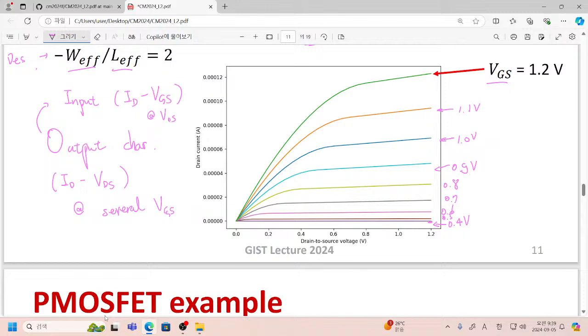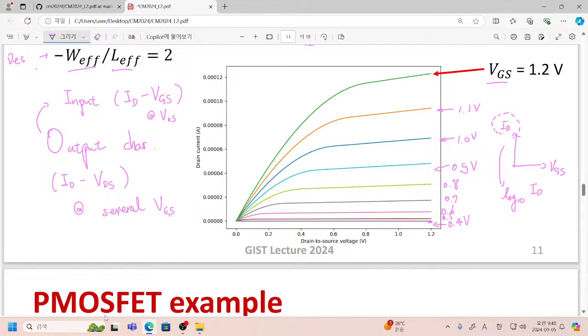Usually input characteristics are drawn in two different ways. One is just a linear scale. Linear scale means that when we draw ID versus VGS, sometimes ID is drawn in its usual, normal linear scale, or sometimes we take log 10 of the drain current.